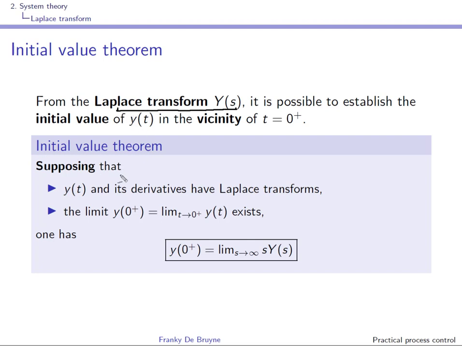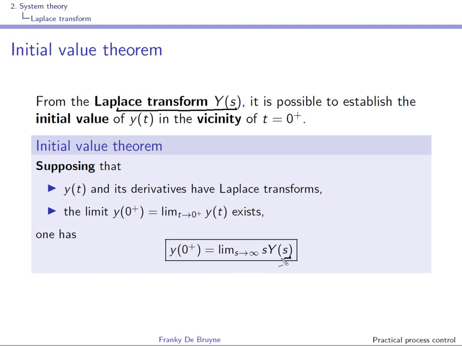So the assumptions are as follows. Y of t and its derivatives have Laplace transforms, and then you can obtain the initial value of y of t, or the value of y of t in the vicinity of 0, as follows.